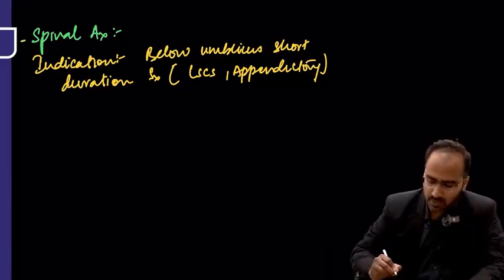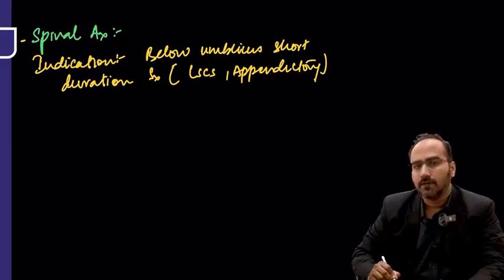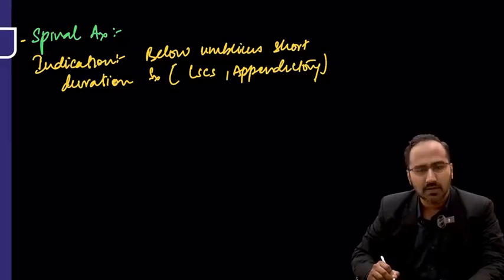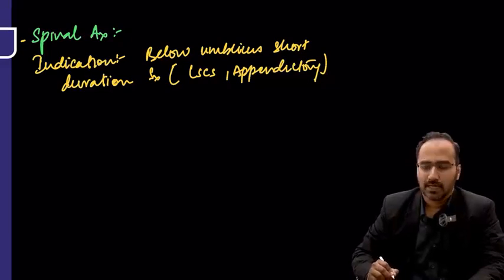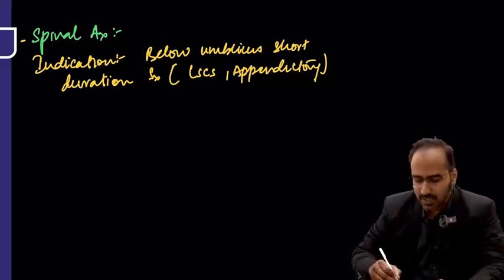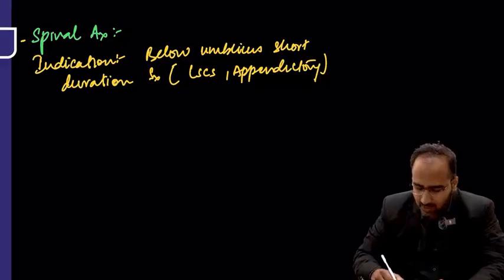Now, apart from indication, we also need to remember something about the procedure and the complications that you see in spinal anesthesia. Regarding the procedure, remember spinal anesthesia is not given on the spinal cord, but in the space where the spinal cord is present.